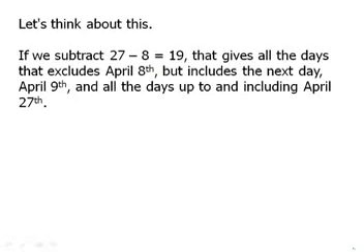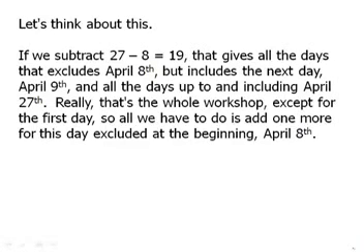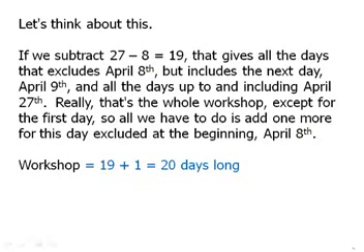So we have the whole workshop except for the first day. So all we have to do really is just add one more for this excluded day at the beginning. So the workshop was 27 minus 8, which is 19, plus 1, which is 20. It was 20 days long.